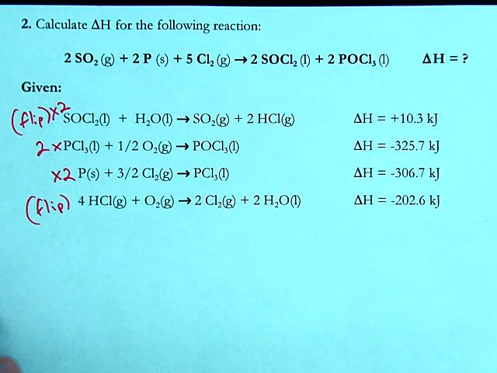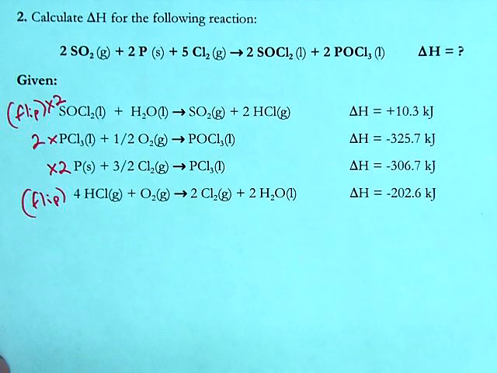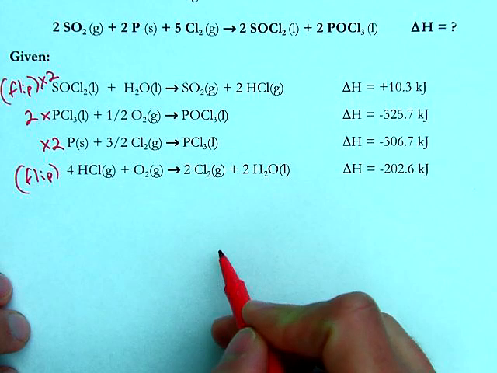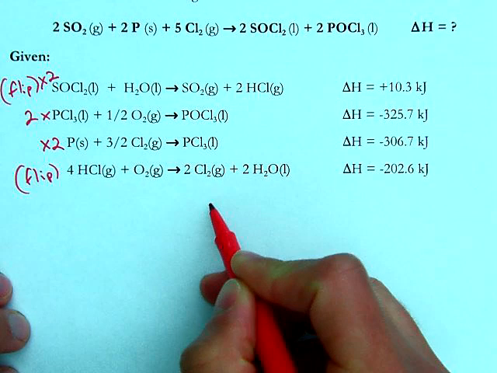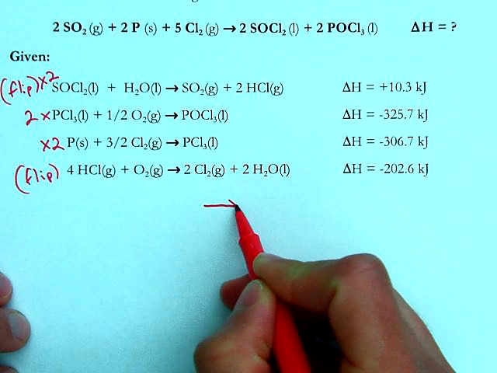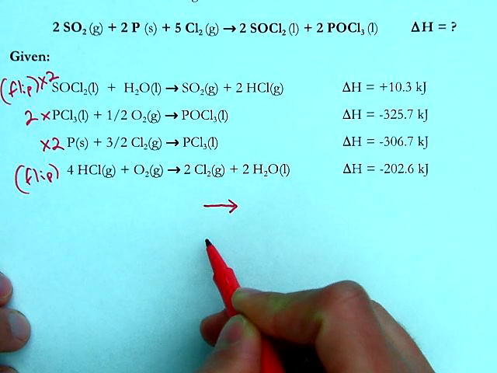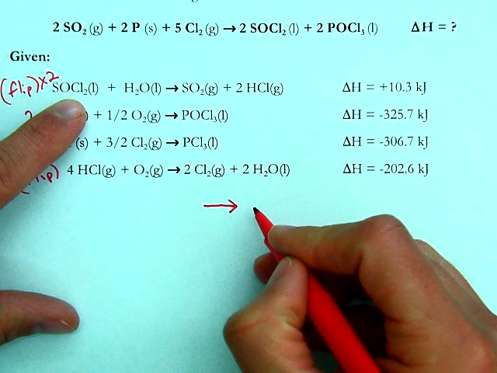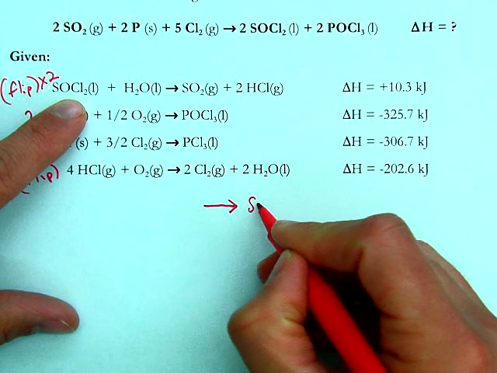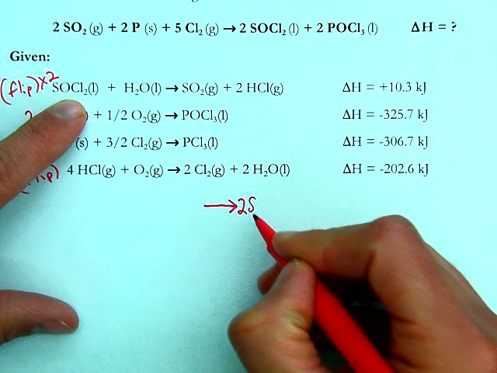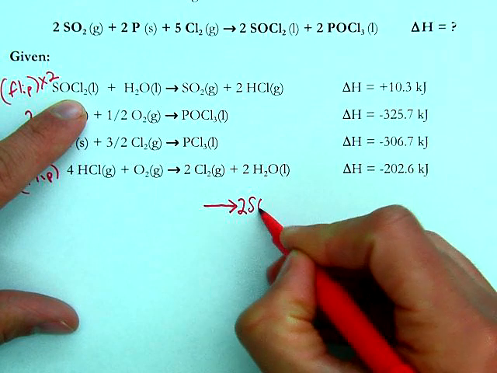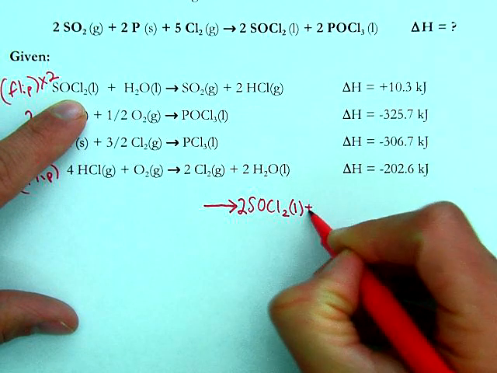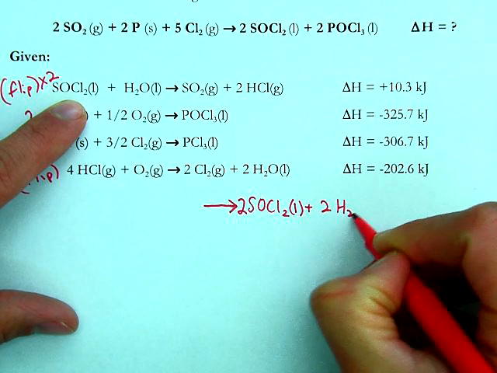So I'm going to rewrite these equations as I have outlined in terms of what we're going to do to them. So I'm going to try to keep my arrows lined up. So this one is going to be flipped and times 2. So on the right side, I'm going to have, sorry, that's already a little cramped, 2 SOCl2 liquid plus 2 H2O liquid.